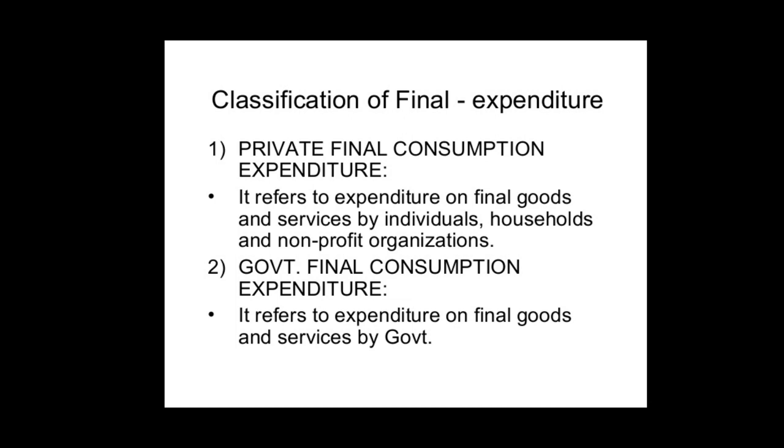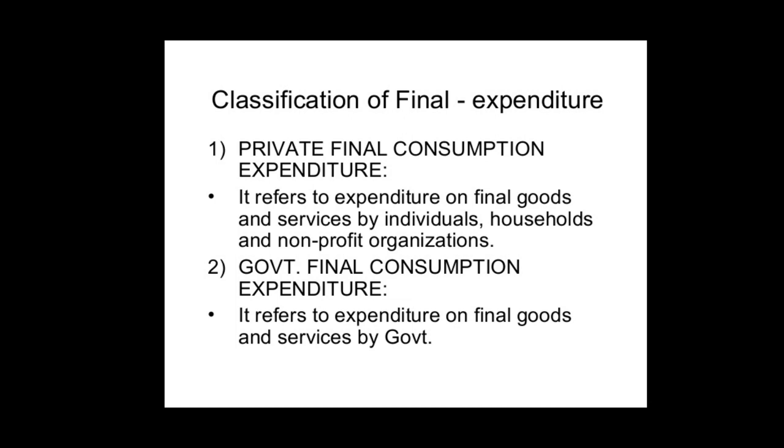So the various components of final expenditures are: first, the private final consumption expenditure. Students, private final consumption expenditure refers to expenditure on final goods and services by individuals, households, and non-profit organizations.